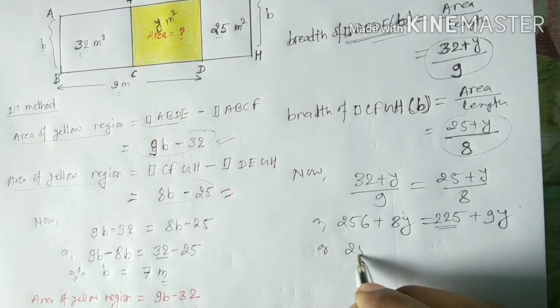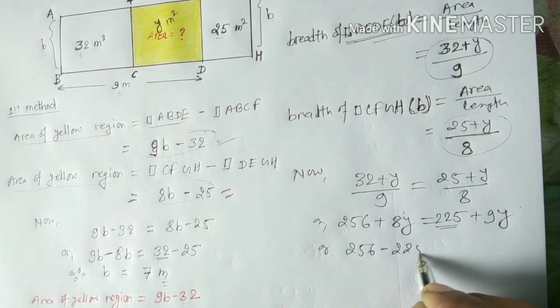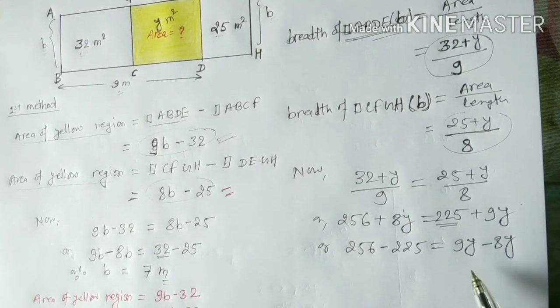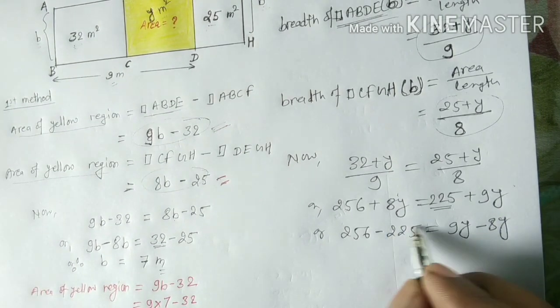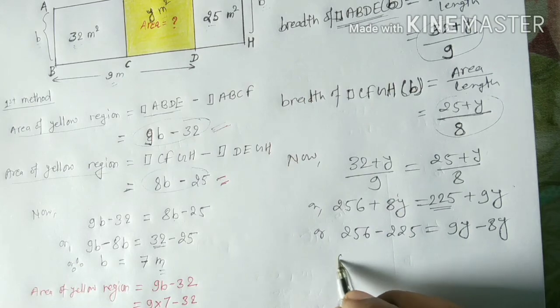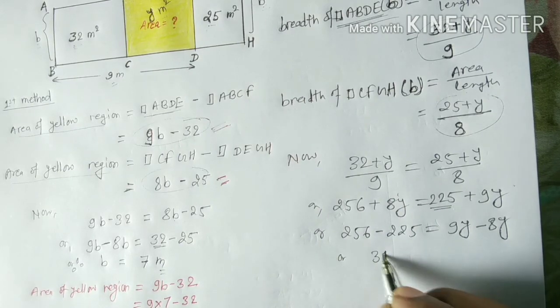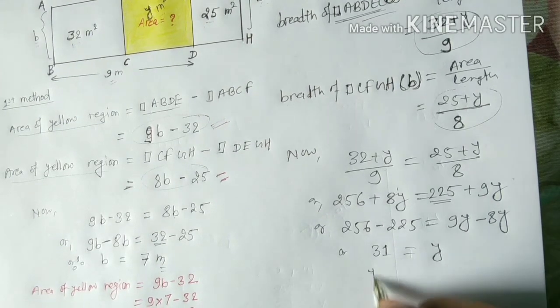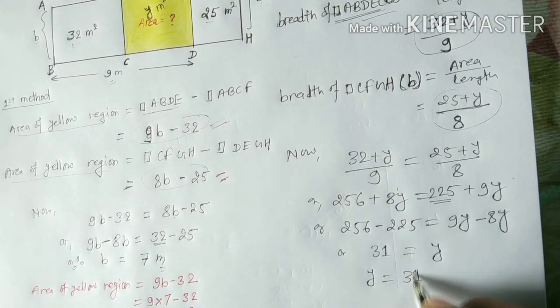So 256 minus 225 is equal to 9y minus 8y. If we subtract 225 from 256, we get 31 is equal to 9y minus 8y, which is y. So y is equal to 31.